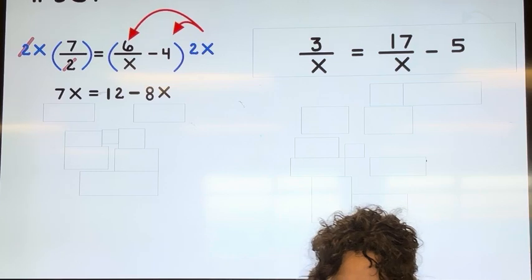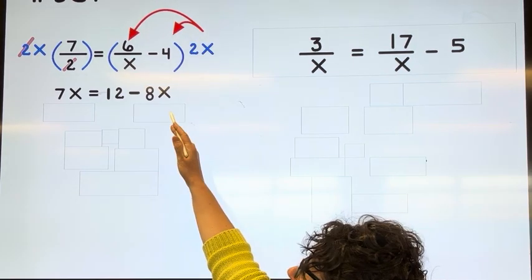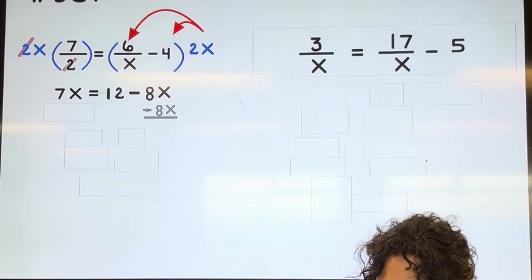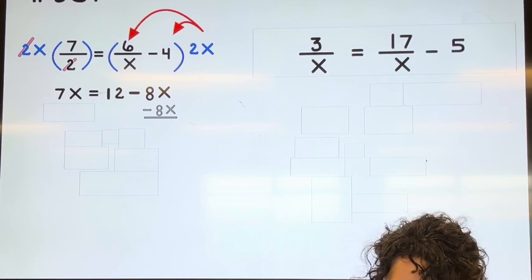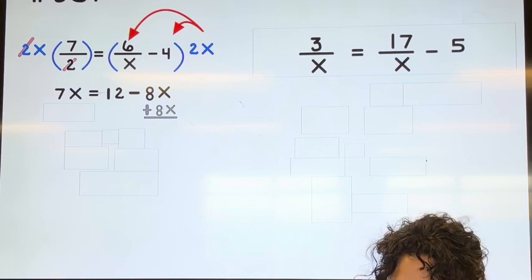Okay, now we're ready to move letters to one side, numbers to the other. So let's move the 8x to the other side. So let's go ahead and add over 8x. What I do to one side, I do to the other. So I'm going to add 8x.